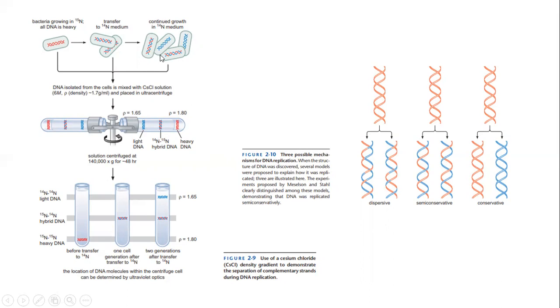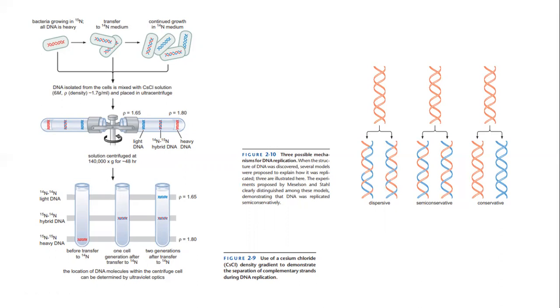Okay. And later on, the DNA was mixed with cesium chloride and centrifuged in an ultracentrifuge. The location of DNA within the centrifuge was determined by ultraviolet optics, and it was found that the bacteria grown in N15 had one type of band.